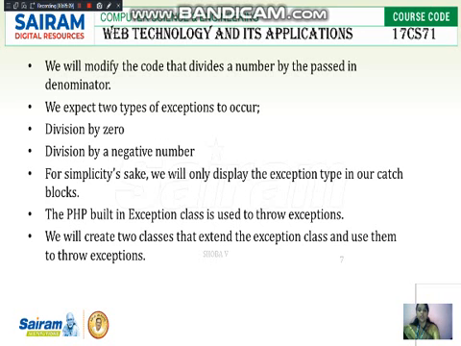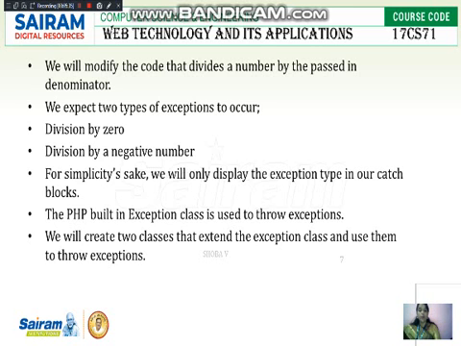We will modify the code that divides a number by a passed-in denominator. We expect two types of exceptions to occur: one is division by zero, and the other is division by a negative number. These are the two we already know from the previous session. For simplicity's sake, we will only display the exception type in our catch blocks.